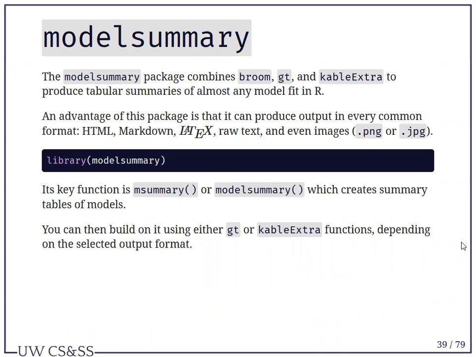There's also the modelsummary package. This combines broom and GT and kableExtra to produce tabular summaries of almost any model fit in R. An advantage of this package is that it can produce output in every common format, so things like HTML, Markdown, LaTeX, raw text, or even as images, so .png and .jpg.